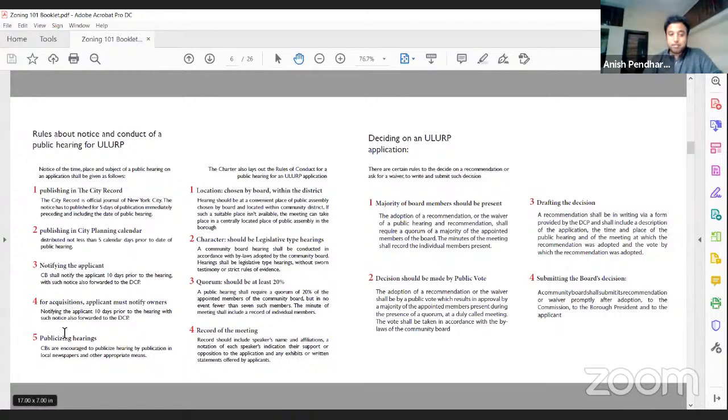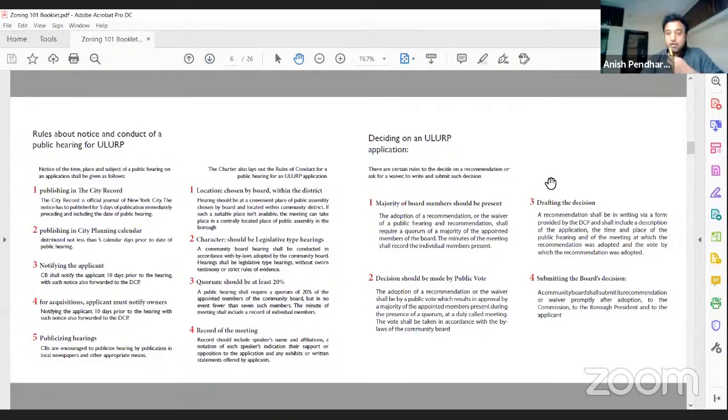The hearings must be publicized enough, and things like that. So a brief introduction to every part of the process and what the community board's role is in fixing a meeting and then deciding on the application.